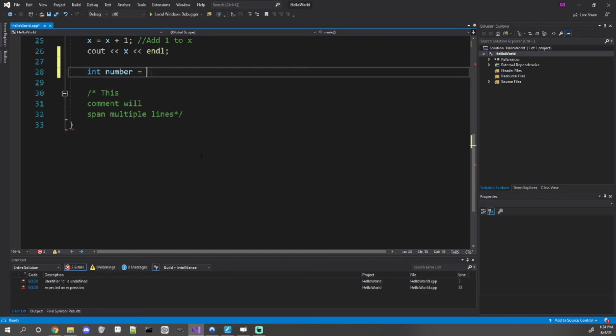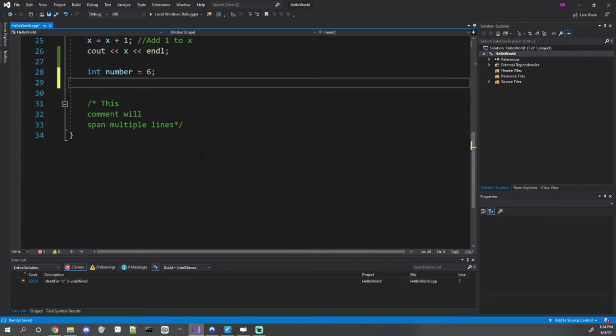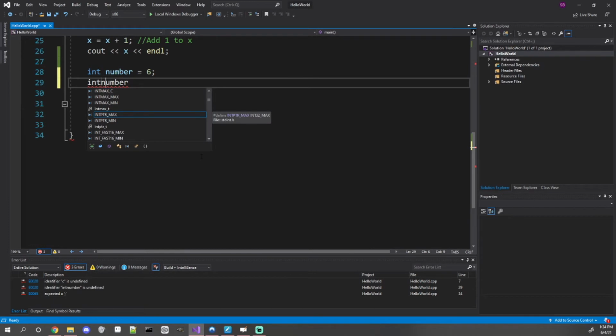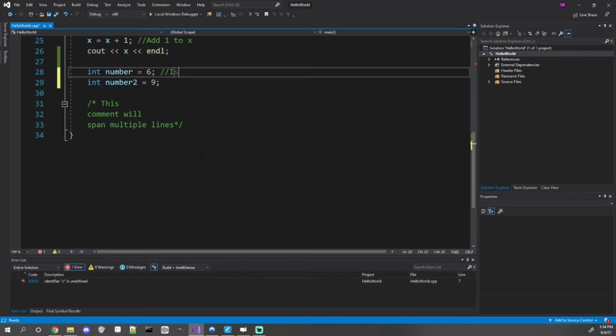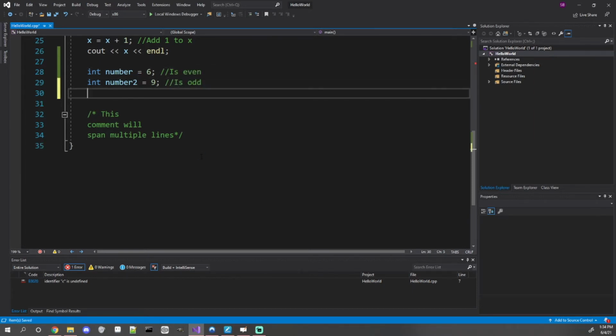So here, let's just say 6. And then I'll create another one called int number2, and we'll set this one equal to 9. So the first one is even, and the second one is odd.